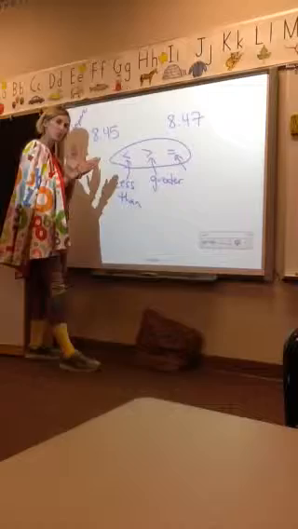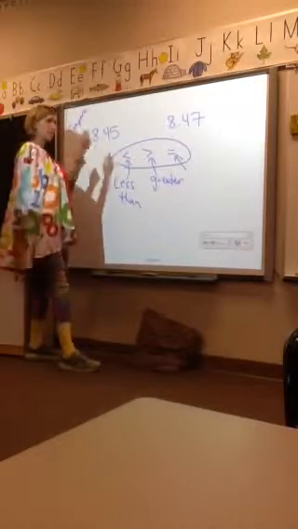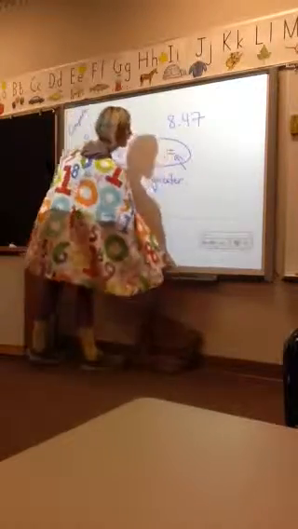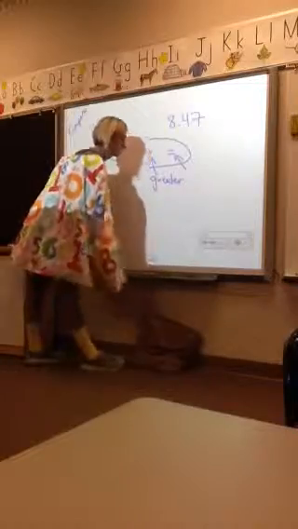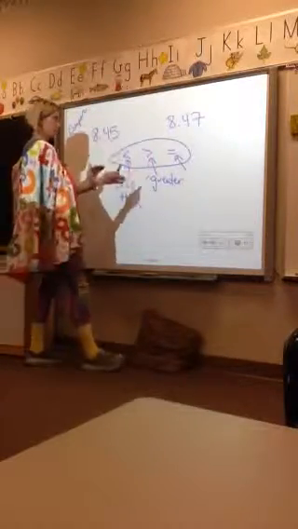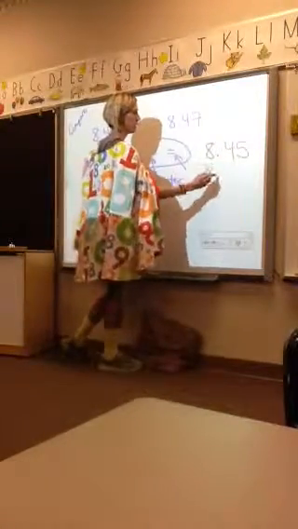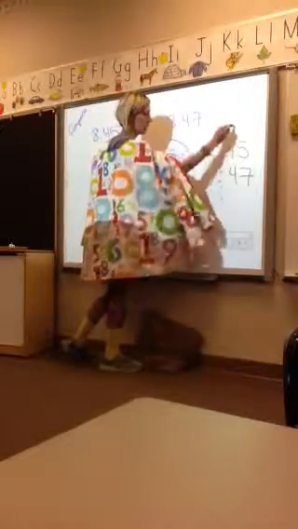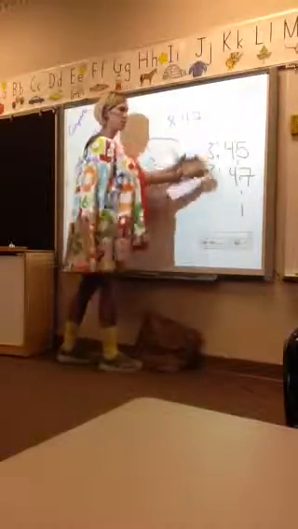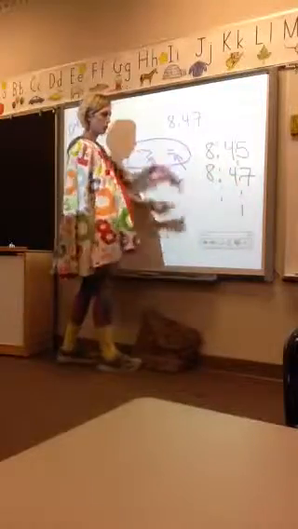Do they have the same amount of digits? Yeah, this one has 3, that one has 3. I could line it up vertically and get my decimals to line up. So I have 8.45 and line up the decimal here, 8.47. That helps a lot. Now I can kind of see it in 3 groups. And then I just work from left to right.